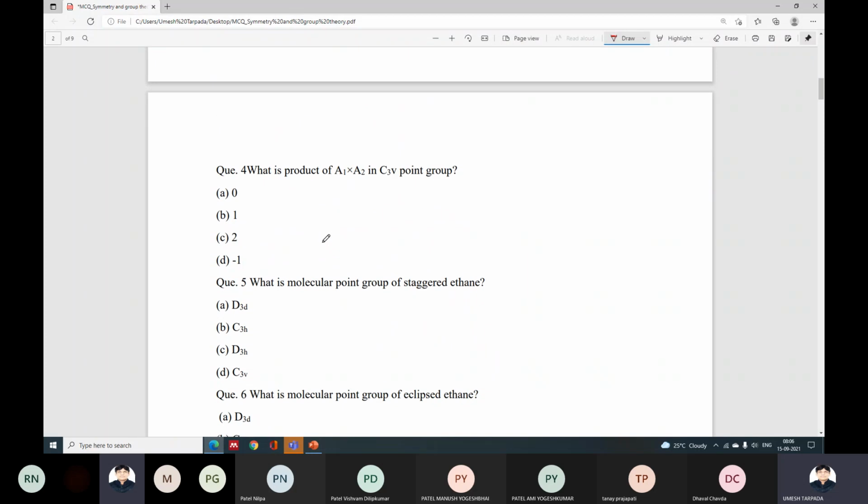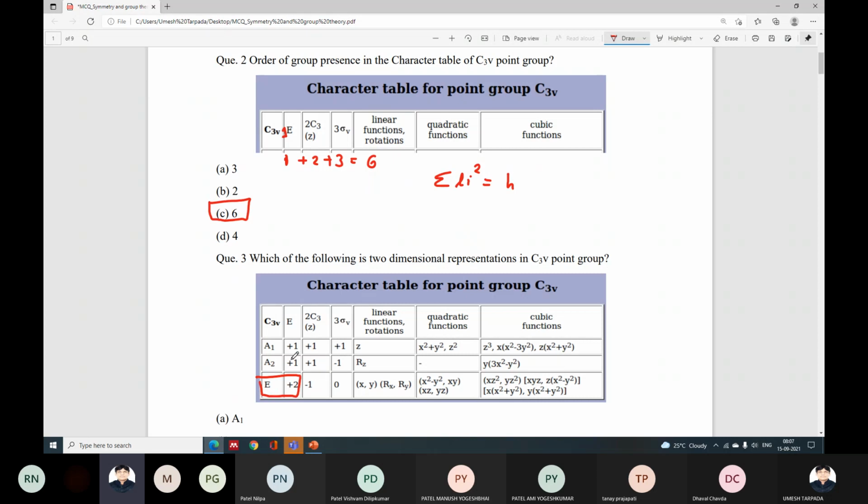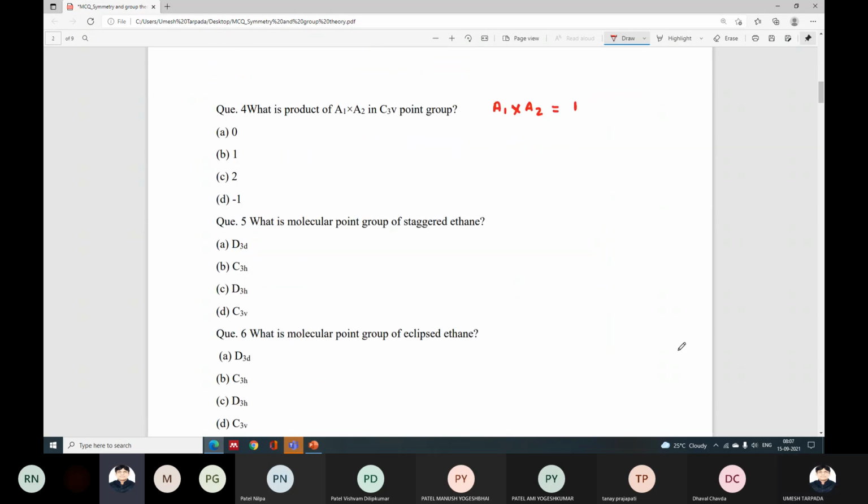So what is this answer? The first entry will be 1 for A1 cross A2, then again 1, then -1. That is A2. So the answer is A2. But here we take it in the form of summation: 1 + 1 + -1, that is 1, or A2.